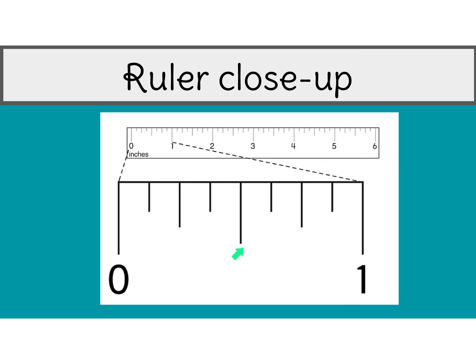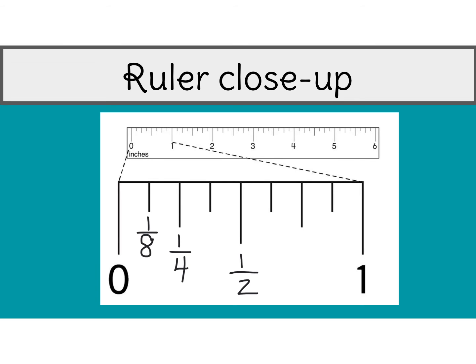We know that this particular graduation mark would be equal to 1/2. And then if we take 1/2 and we divide it in half, we're going to get 1/4, which is what we would have here. And then if you take 1/4 and divide it in half, it becomes 1/8.